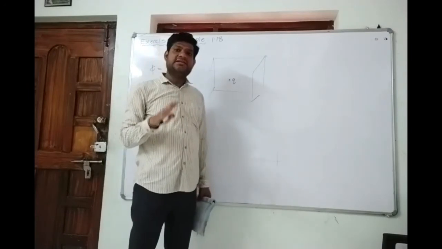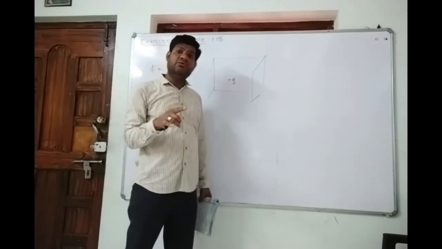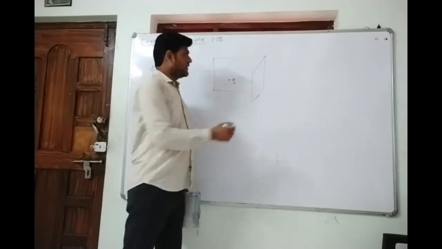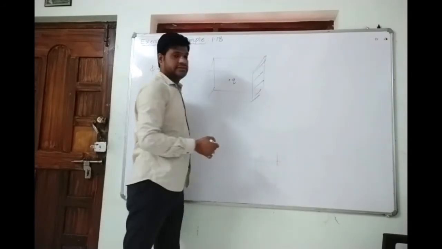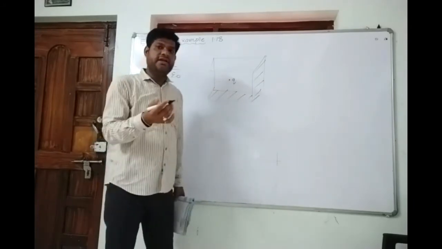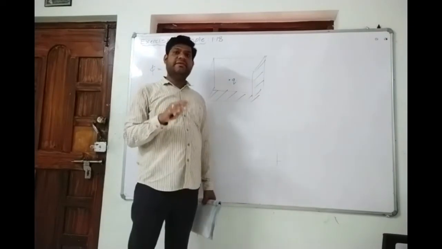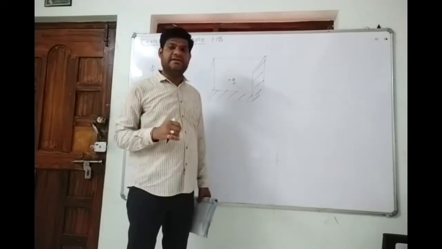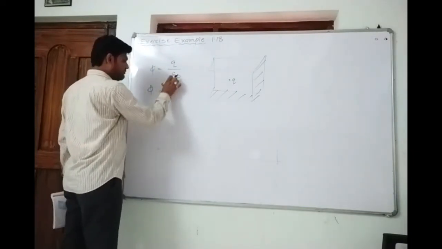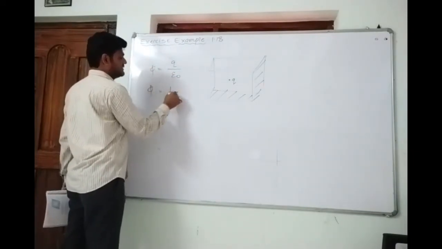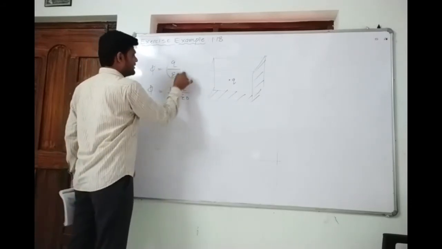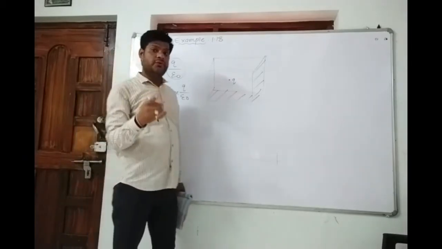If we want to calculate the flux through any face, then we will multiply by 1 by 6: Q divided by epsilon 0. That is the flux coming through the whole cube.